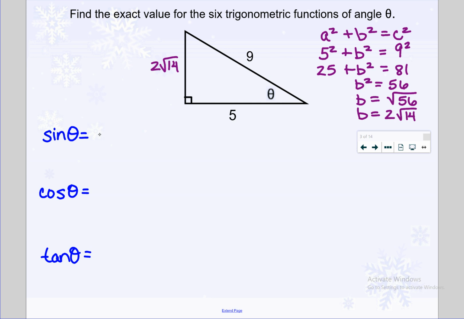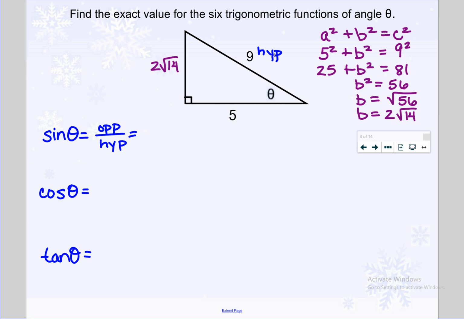Okay, so for sine, I need opposite and hypotenuse. Opposite over hypotenuse. And if you want to, in your triangle, you can label these. I know my hypotenuse is 9. Which side is opposite, the 2 or the 5?